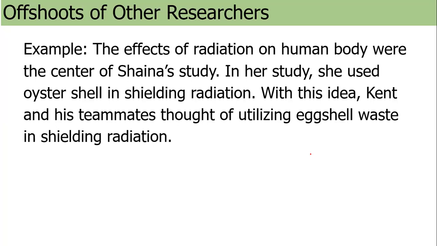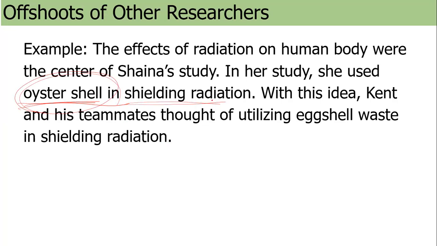Okay. Next, offshoots of other researchers. Example, the effect of radiation on human body were the center of China's study. In her study, she used oyster shell. So kay China, oyster shell. And this oyster shell is used in shielding radiation.